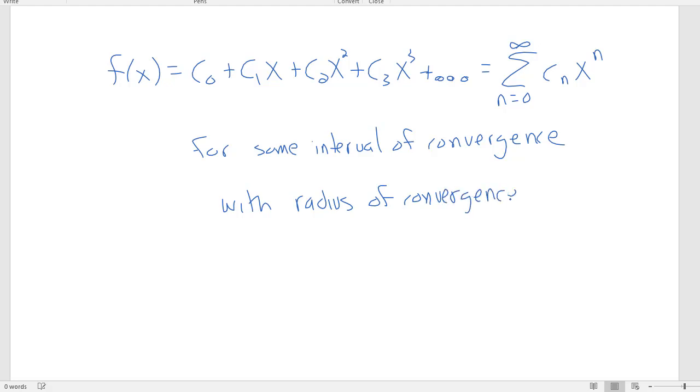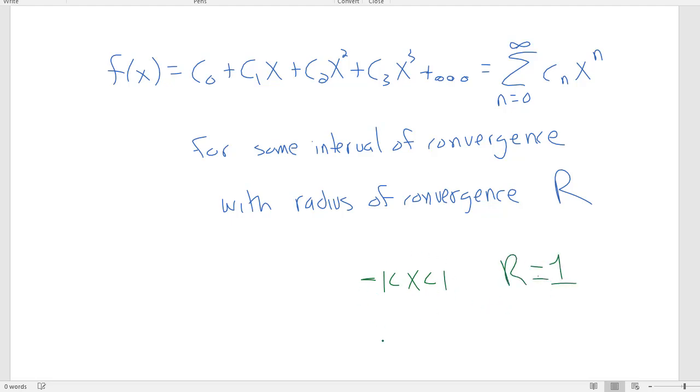So whatever that radius of convergence is, let's call it capital R, some number. For the sine and the cosine series, I converge for all reals, so the radius is infinity. For the 1 over 1 minus x series, that series converged from minus 1 to 1. So its radius was 1.